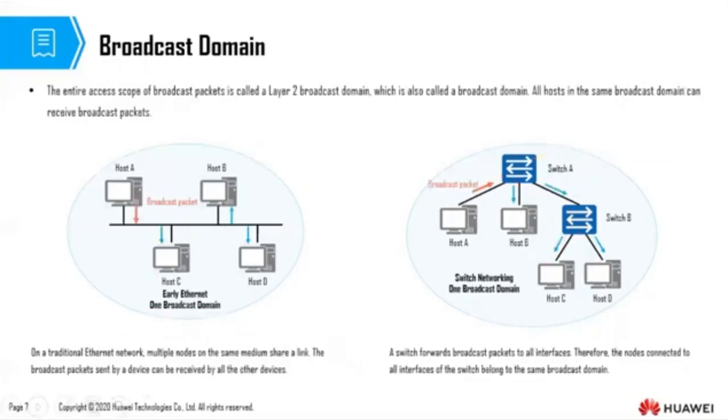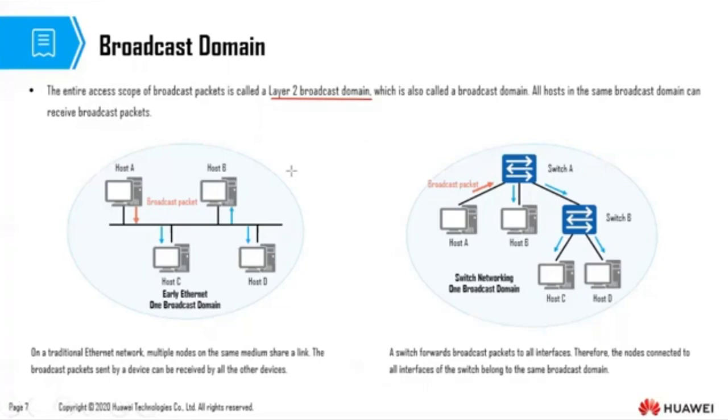The other concept that is important is the concept of broadcast domain. Broadcast domains are also referred to as layer 2 broadcast domains because we know broadcast packets are never forwarded beyond layer 2. They're only forwarded within layer 2.